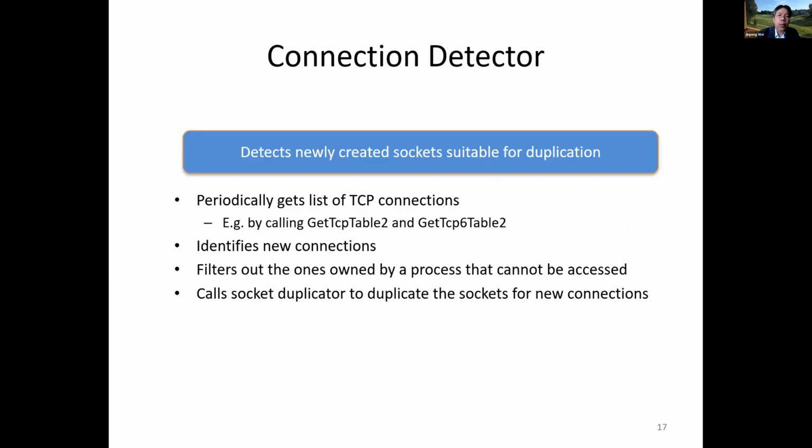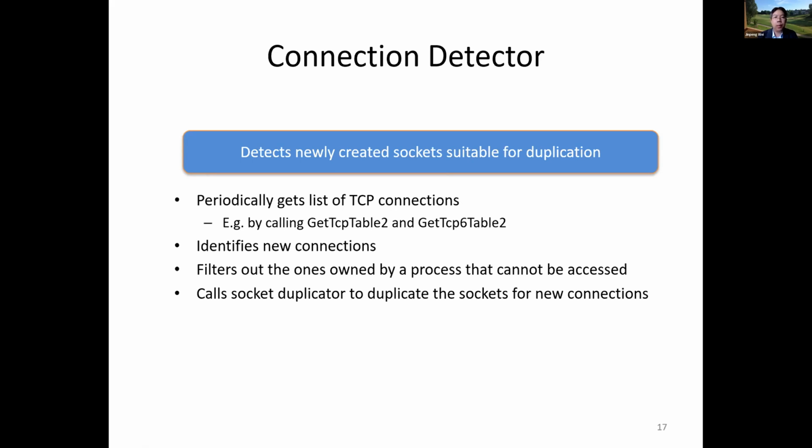Okay, a little detail about the connection detector. This is a component that detects newly created sockets that are suitable for duplication. The idea is straightforward. It periodically gets the list of TCP connections in order to discover the new connections.